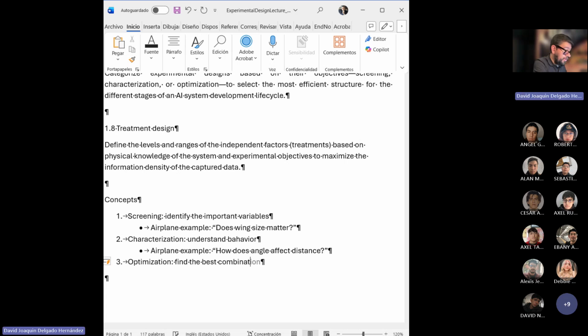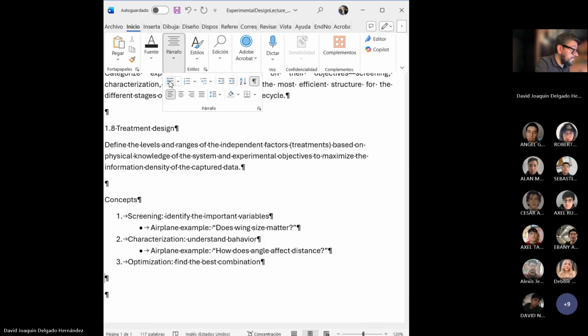That is the optimization stage. So here, my question would be, I'm going to put a bullet point, okay?